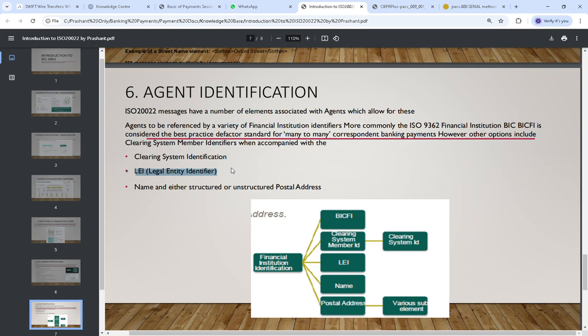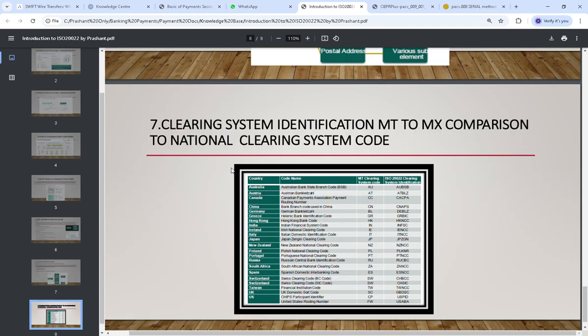So this new terminology, legal entity identifier, is introduced, which can give compliance for the whole world. Like BIC and account number, this is also a newly introduced term. Legal entity identifier means bank, branch, everything is legally compliant, so that a database is maintained to make payment faster instead of putting it in repair or postal address. We are going to see this also in detail in coming sessions.